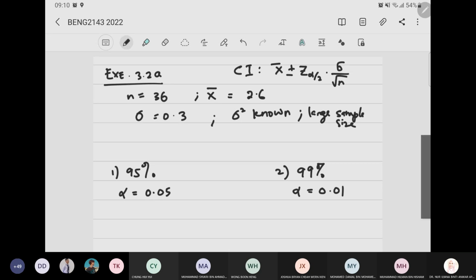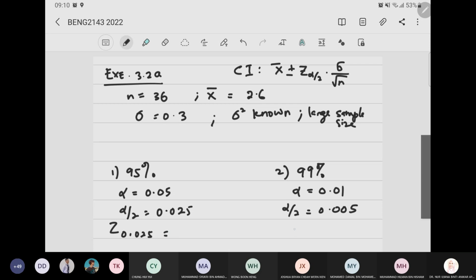Okay. So for alpha over 2, we just split into 2. The one is 0.025. The other one, alpha over 2, is 0.005. Okay. And then we need to find the critical value that contains the alpha over 2 value, 0.025. How to determine this?